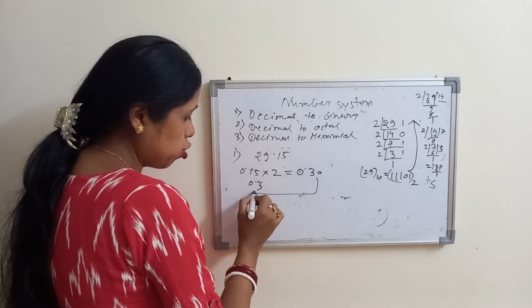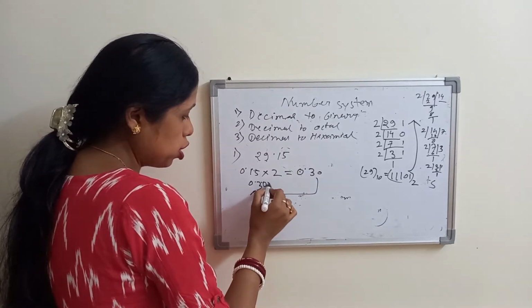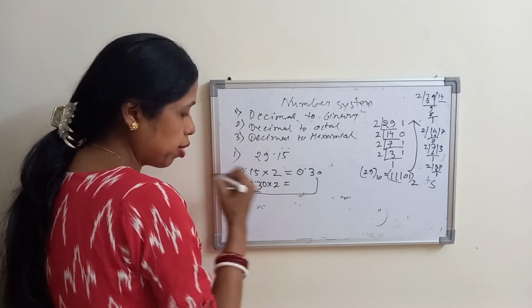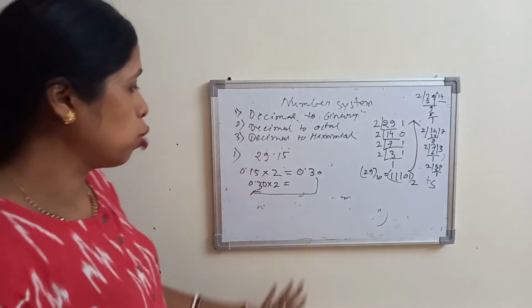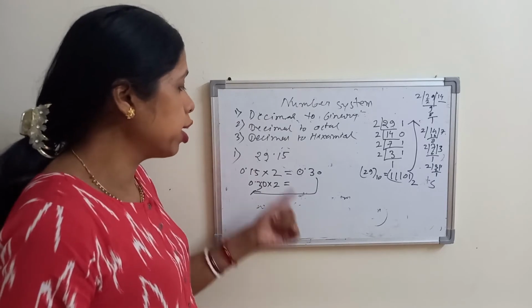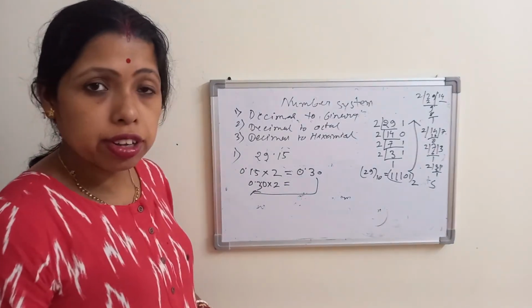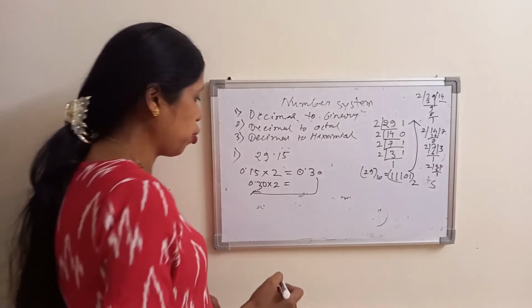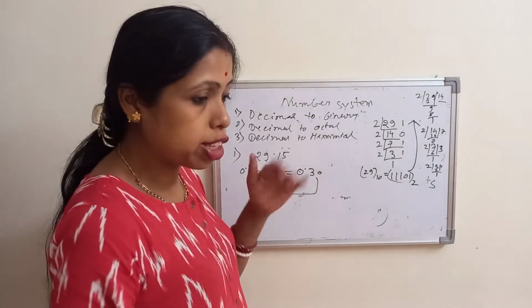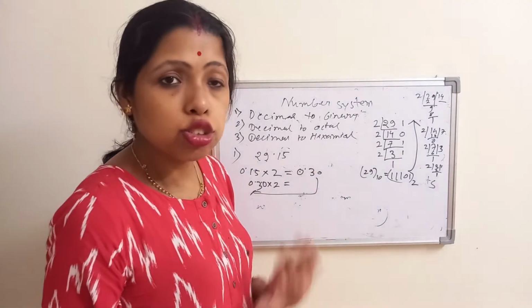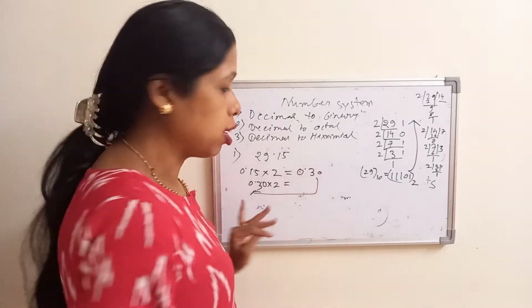Again multiply 0.3 by 2. The process will continue till you get 0 after the point, or if the same kind of numbers repeat, you can stop the multiplication.